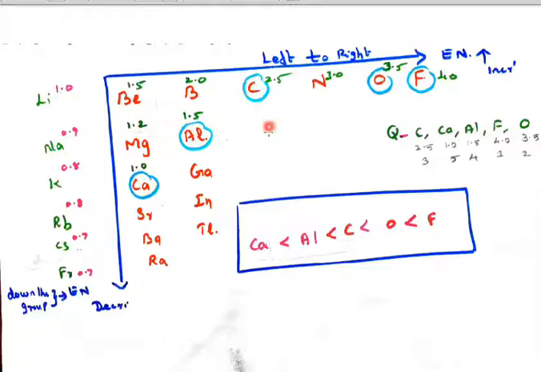Next, carbon, silicon is there. If you add 0.3, it will become 1.8. Like that it goes: nitrogen, phosphorus. Like that 0.3 will be increased from left to right in the sodium period, and in the lithium period, 0.5 units. So I have arranged fluorine as more electronegative than oxygen, then carbon more electronegative than aluminium, and then calcium.